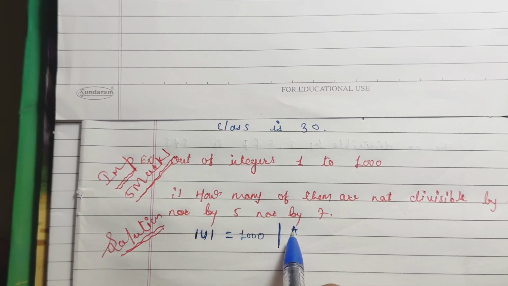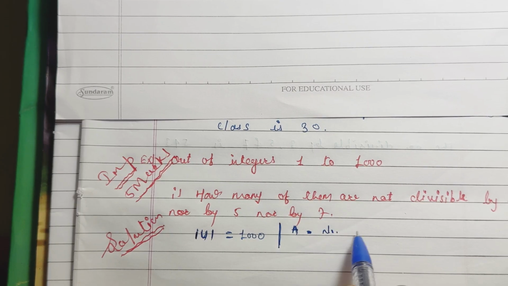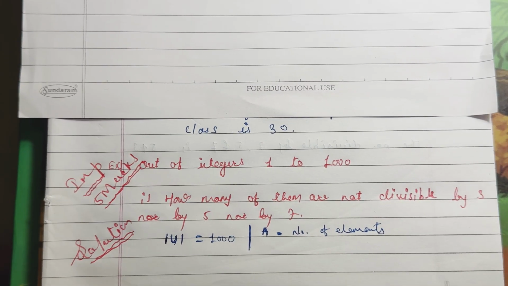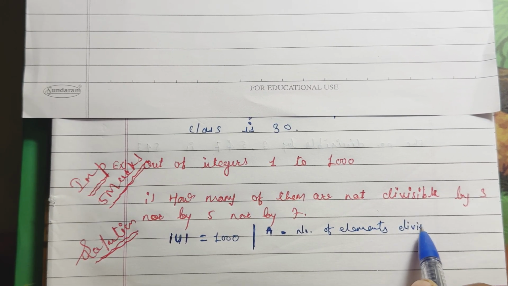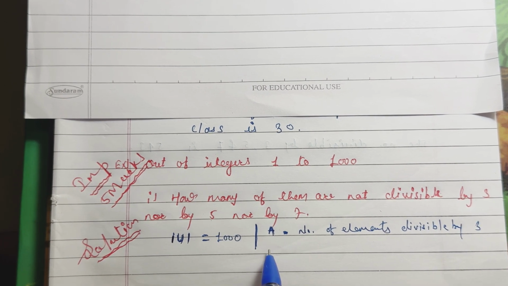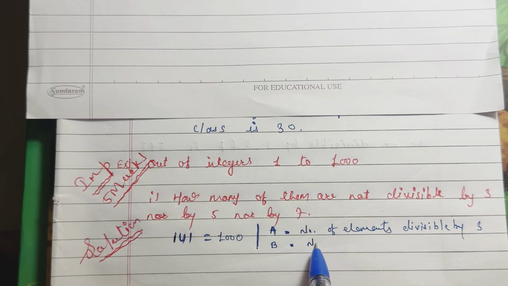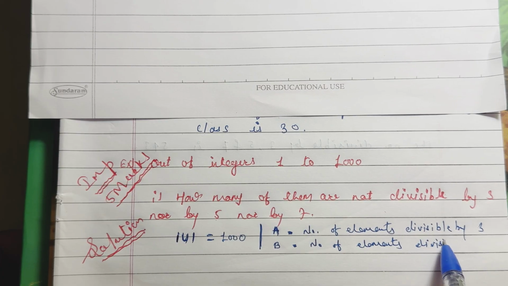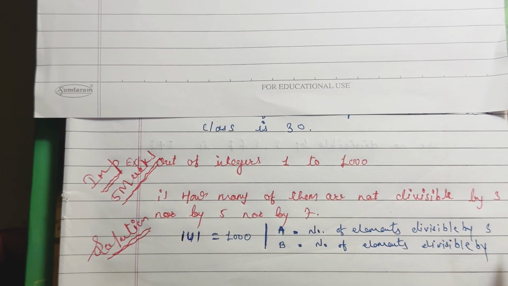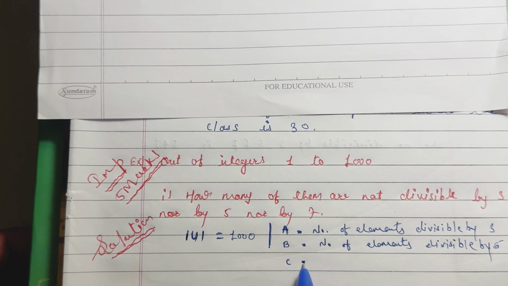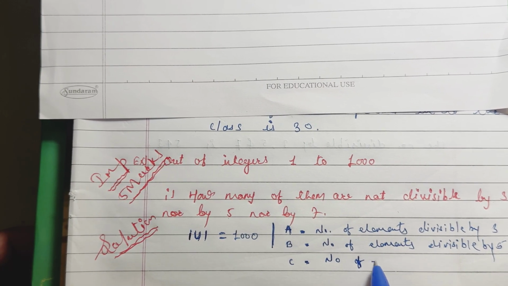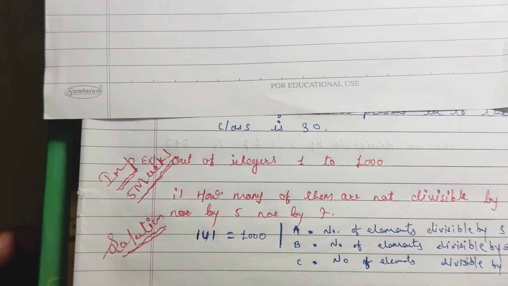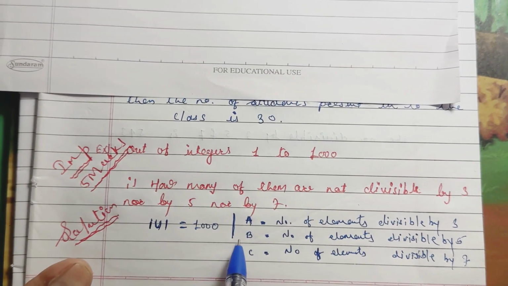I consider A as the event, the number of elements divisible by 3; B event, the number of elements divisible by 5; and C event, the number of elements divisible by 7. We need to remember, we are calling the three events separately first.